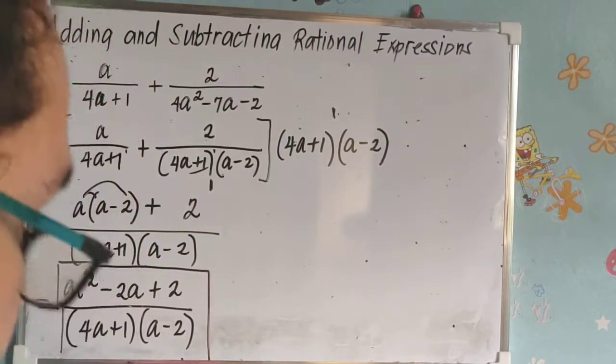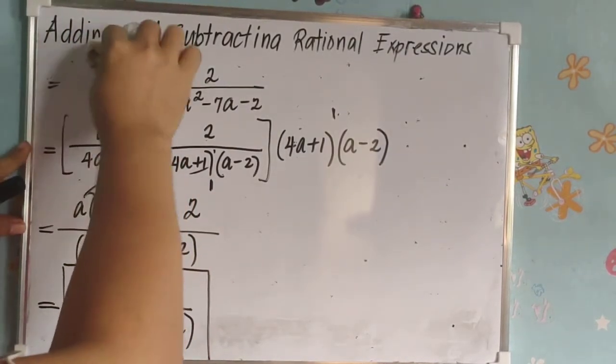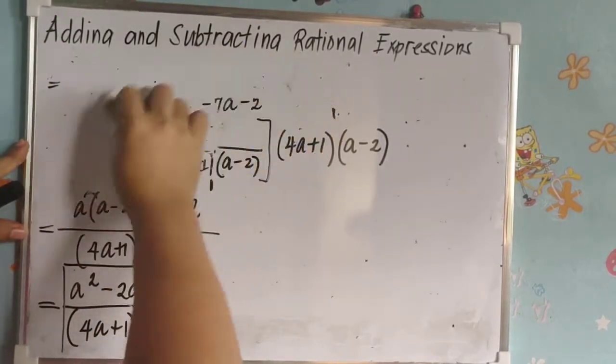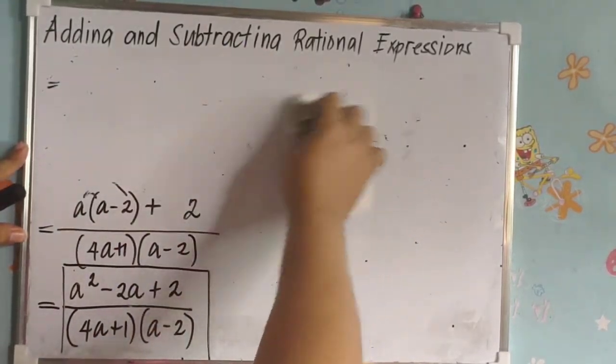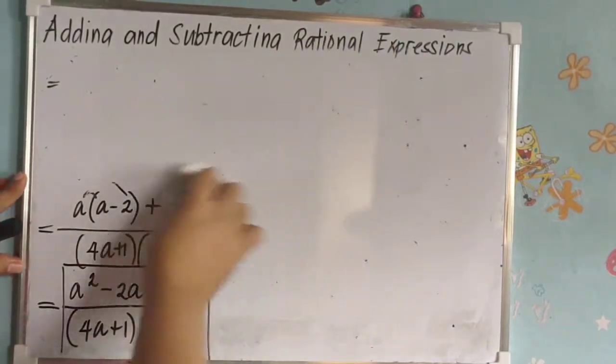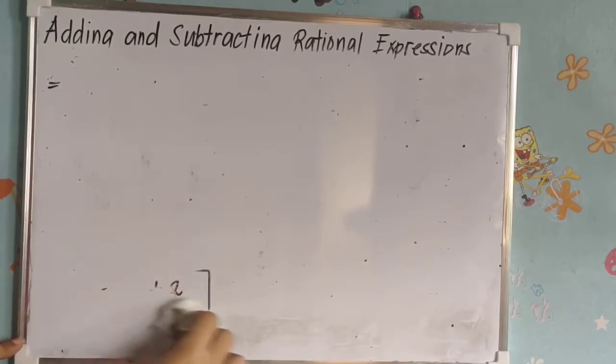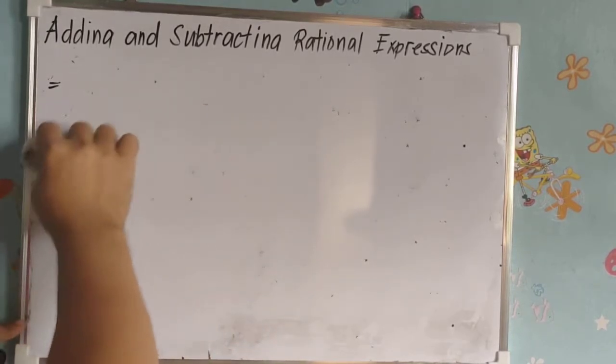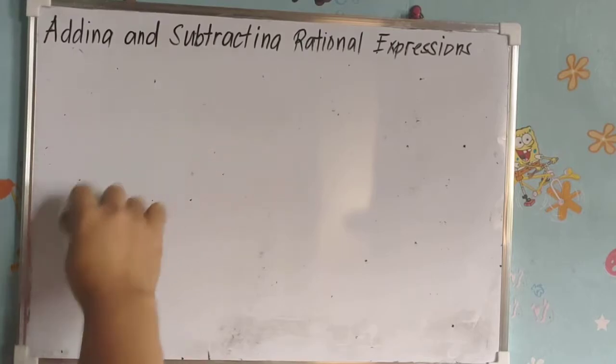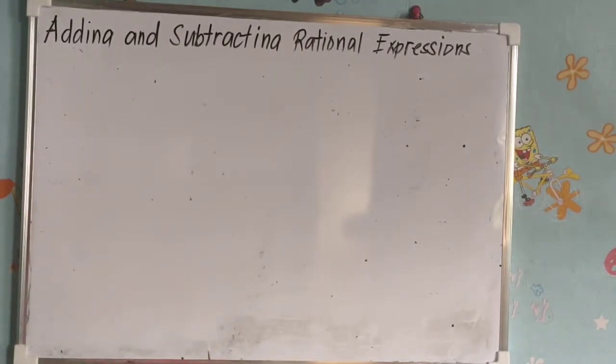And let's have another example. Let's cover as many examples as we could, so that you will have a better understanding on how to add and subtract rational algebraic expressions, most especially dissimilar rational algebraic expressions, or finding the LCD.